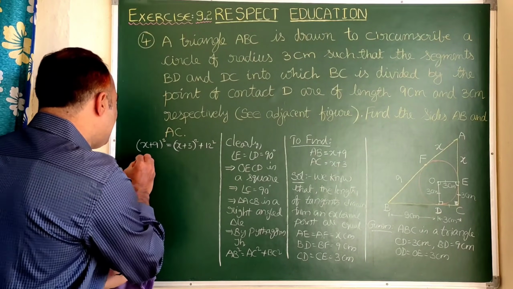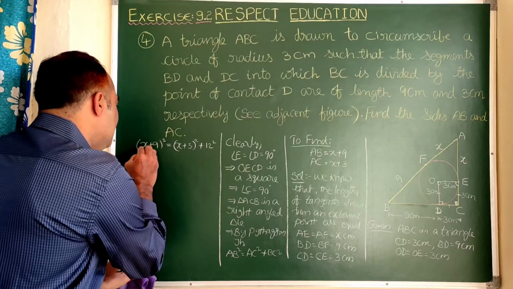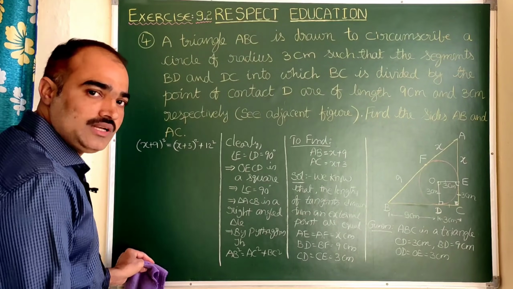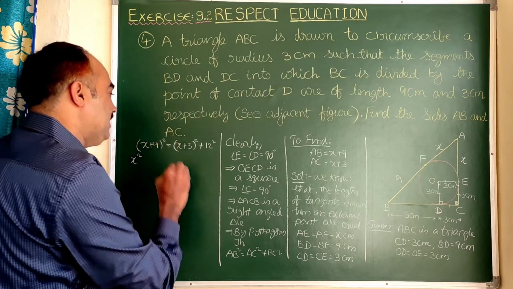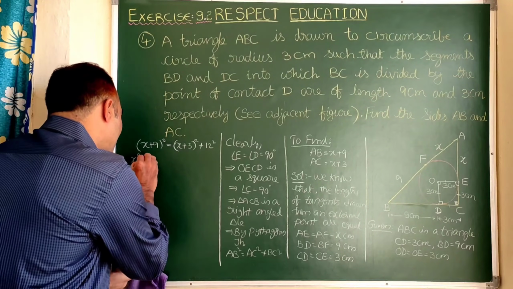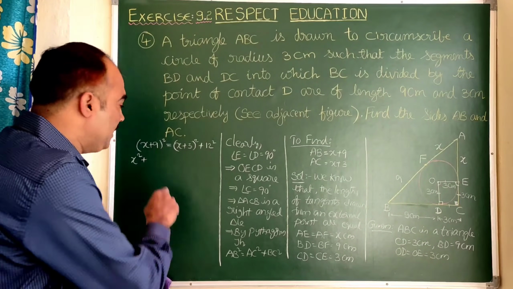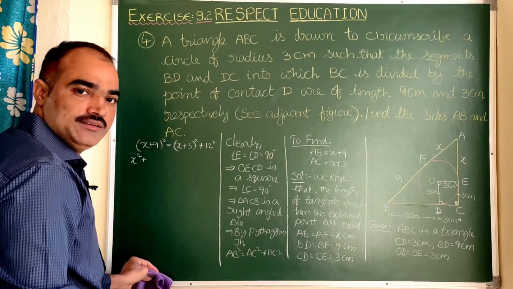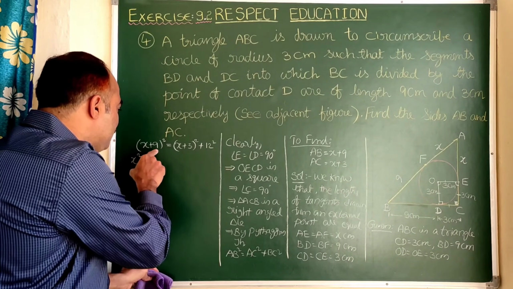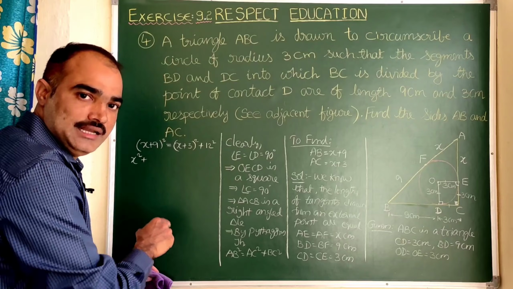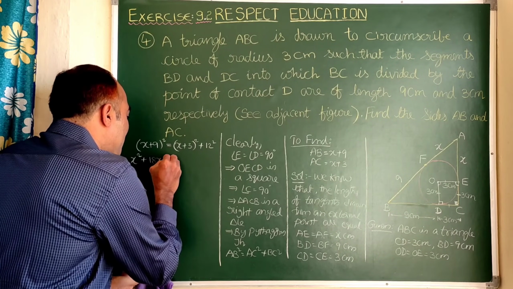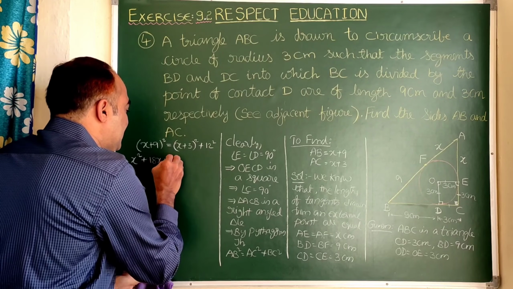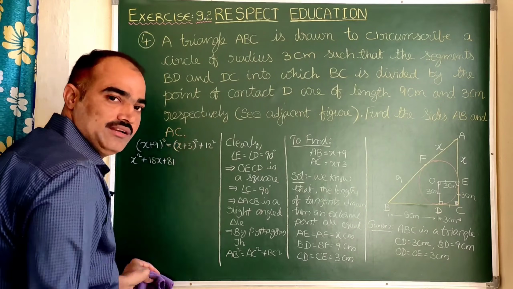Now let us simplify this to get the value of x. This is in the form of a plus b whole square. Let us expand: a square means x square, plus 2 into x into 9, that is 18x, plus b square, 9 square, which is 81.